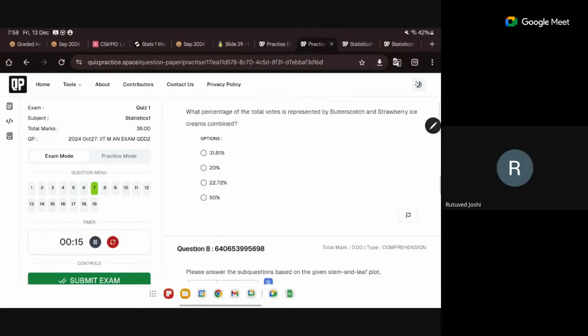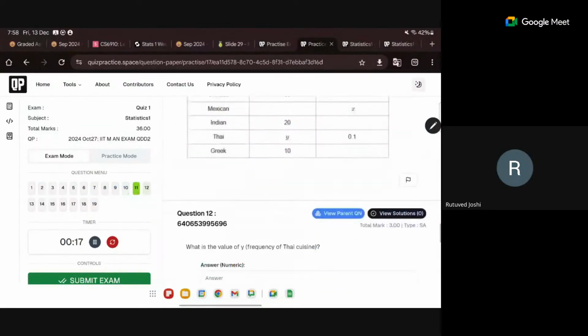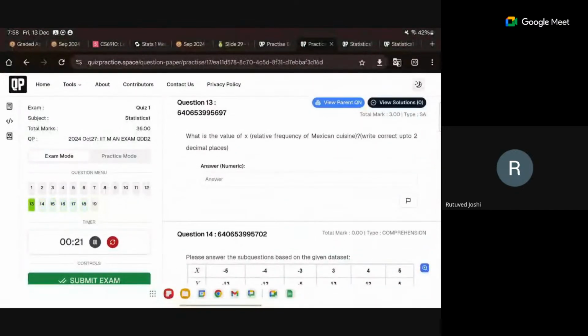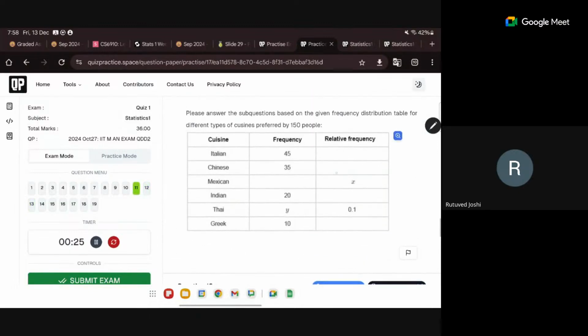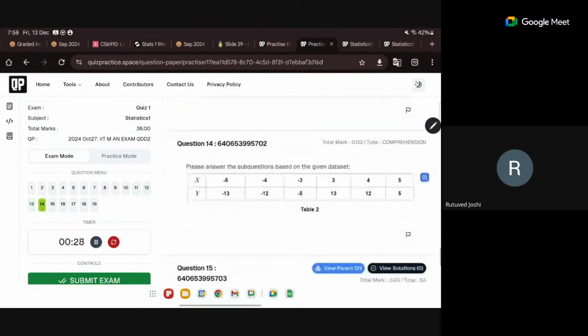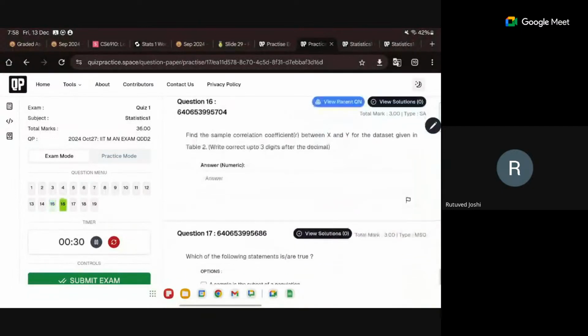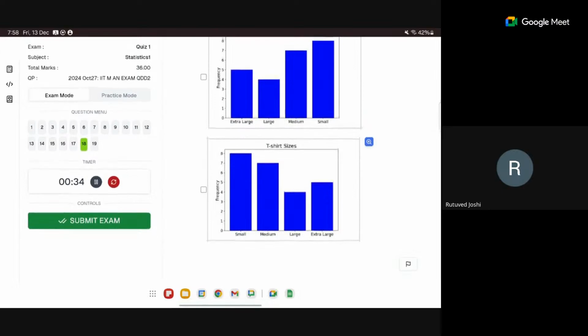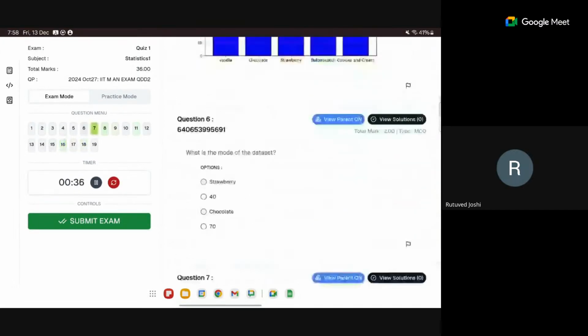This is what we did today, because this is from week 1 to 4. Find the relative frequency from this data, which we did today. Find the covariance, which we did, right? So these questions will be almost similar to this. You can practice from this.